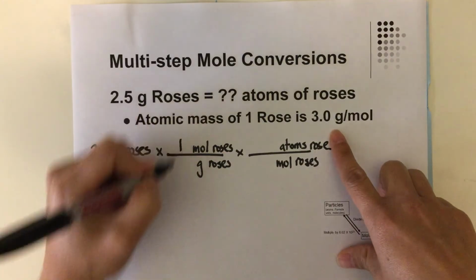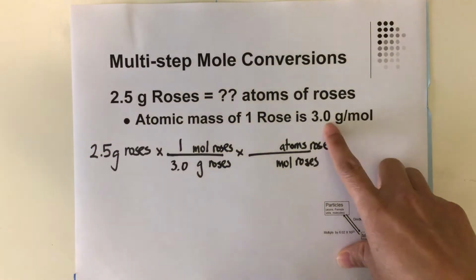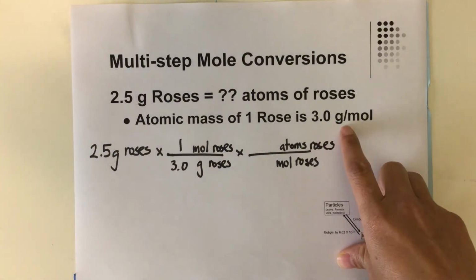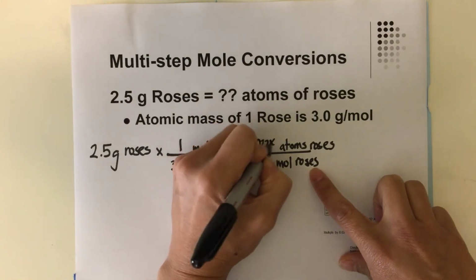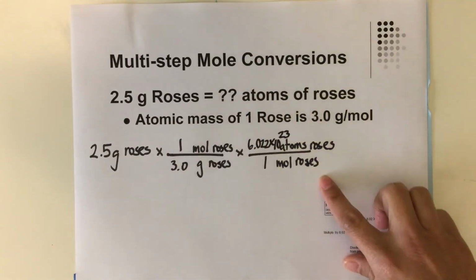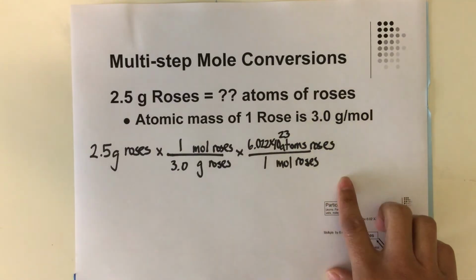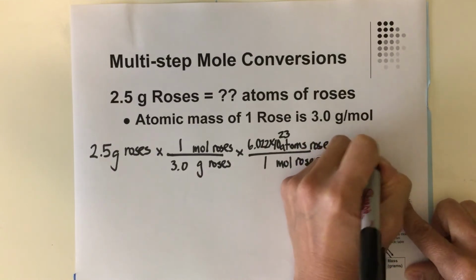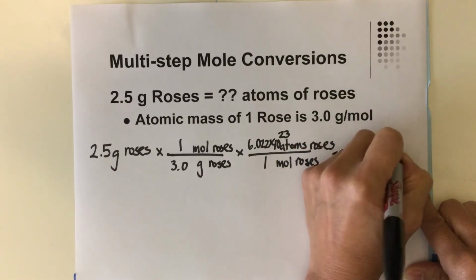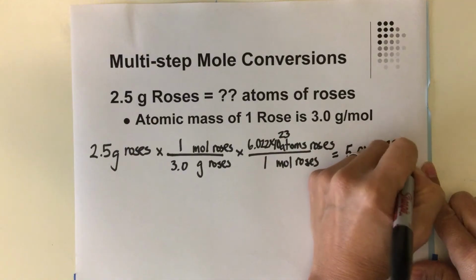So here we have 1 mole has 3.0 grams, using the molar mass of a rose, and then 1 mole has 6.022 times 10 to the 23rd atoms of roses. Multiplying it all through, you get 5.0 times 10 to the 23rd atoms of roses.